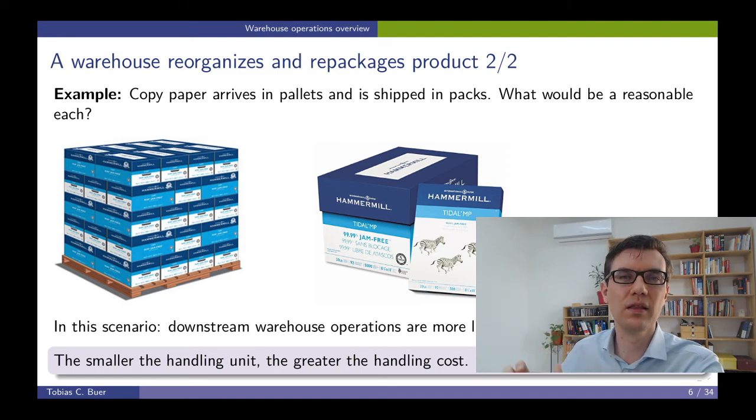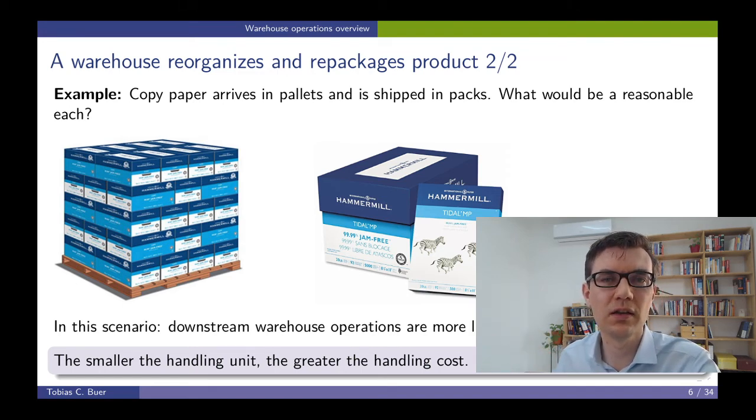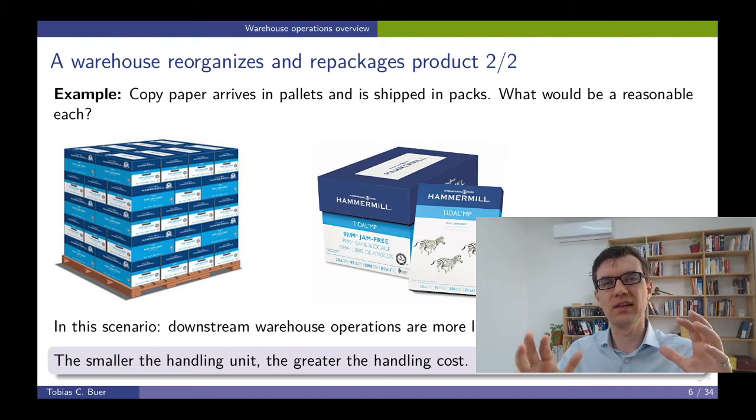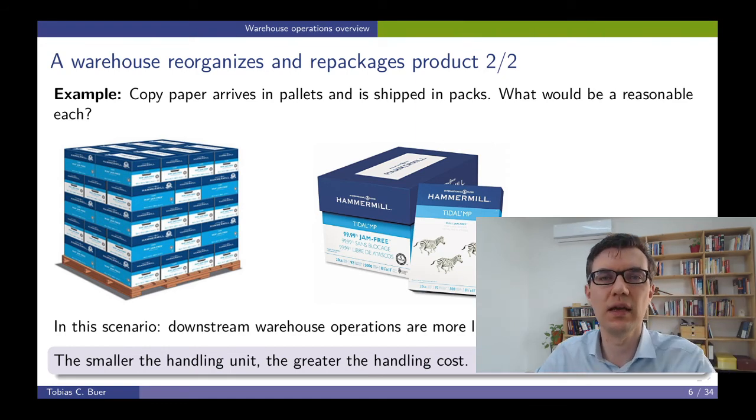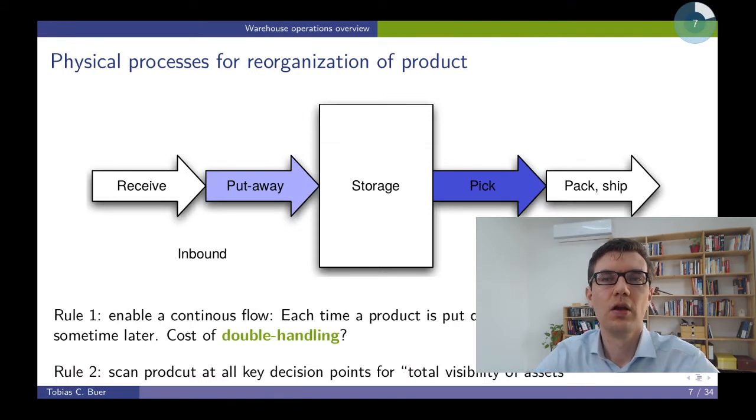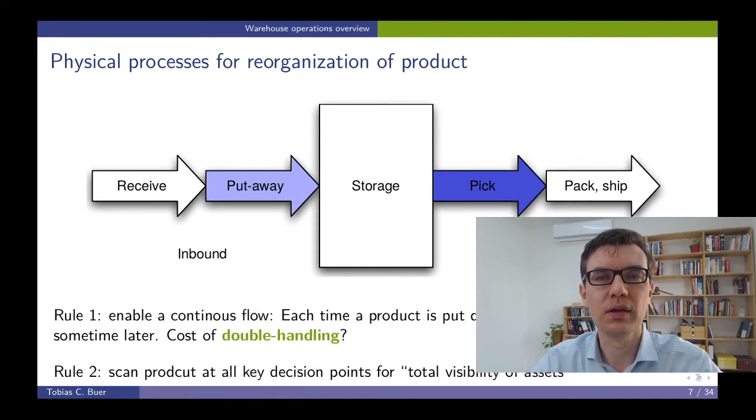This creates more challenges for warehouses because it is much more expensive to handle these smaller units. But overall, the standard process is that large chunks of products arrive at a warehouse and are broken down into smaller units.